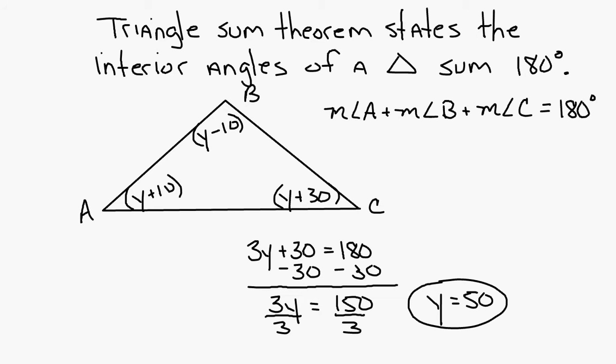Then you can substitute it to find each angle measure, right? So angle A would be 50 plus 10, which is 60. Angle B would be 40, and angle C would be equal to 80 degrees.